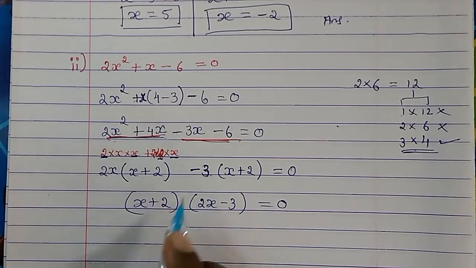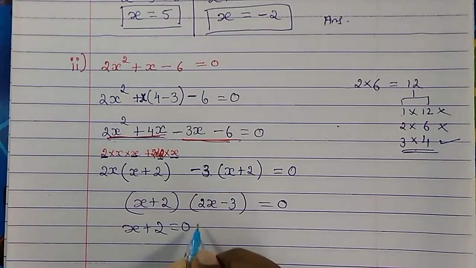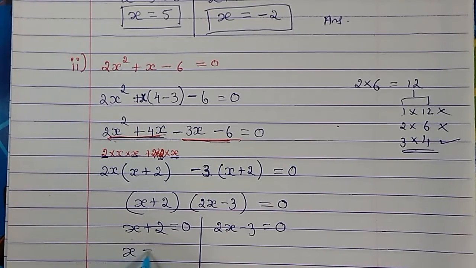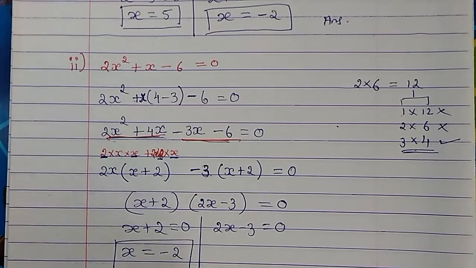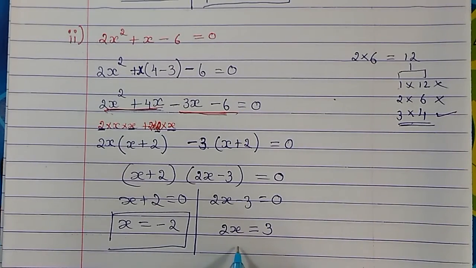So now let us find the root. So this we can write x plus 2 equal to 0. This 2x minus 3 equal to 0. So now x equal to plus 2 comes this side, becomes minus 2. And here 2x equal to minus 3 when comes this side, plus 3. So now we want only the x value.